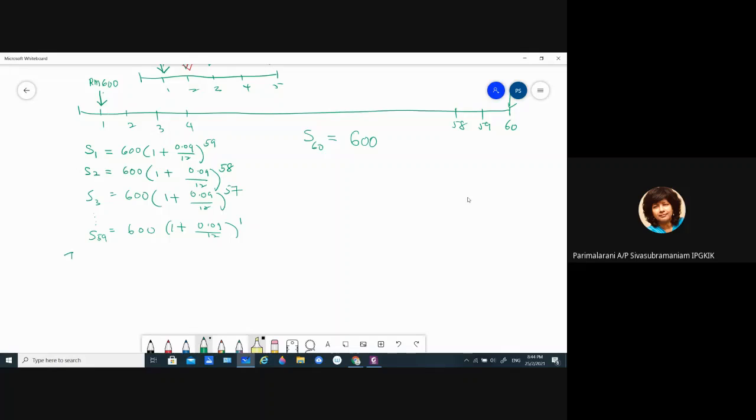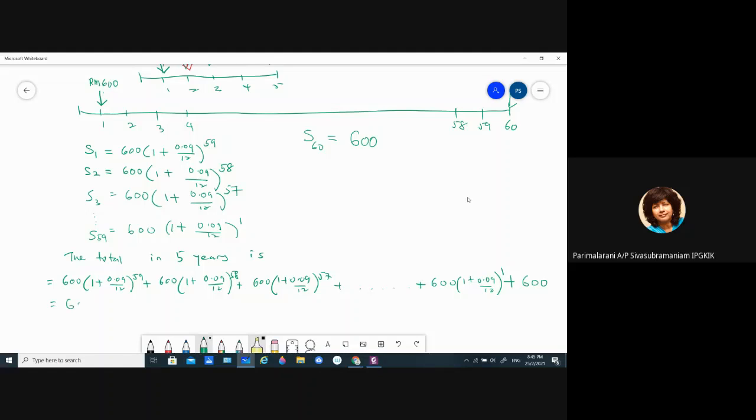So the total in 5 years is 600 times 1 plus 0.09 over 12 to the power of 59, plus 600 times 1 plus 0.09 over 12 to the power of 58, plus 600 times 1 plus 0.09 over 12 to the power of 57, plus until 600 times 1 plus 0.09 over 12 to the power of 1, plus 600, correct? This is the total.